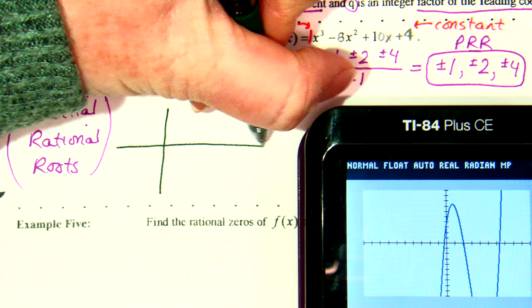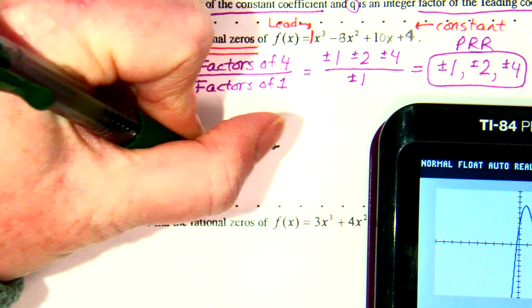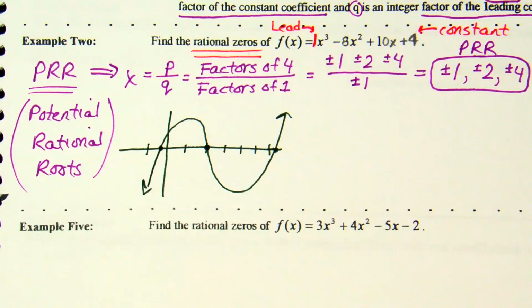It looks like I have something that crosses just left of 0, around 2, and I think it just passed 6. Now, this is just a sketch, just trying to get you the idea of what the calculator shows.